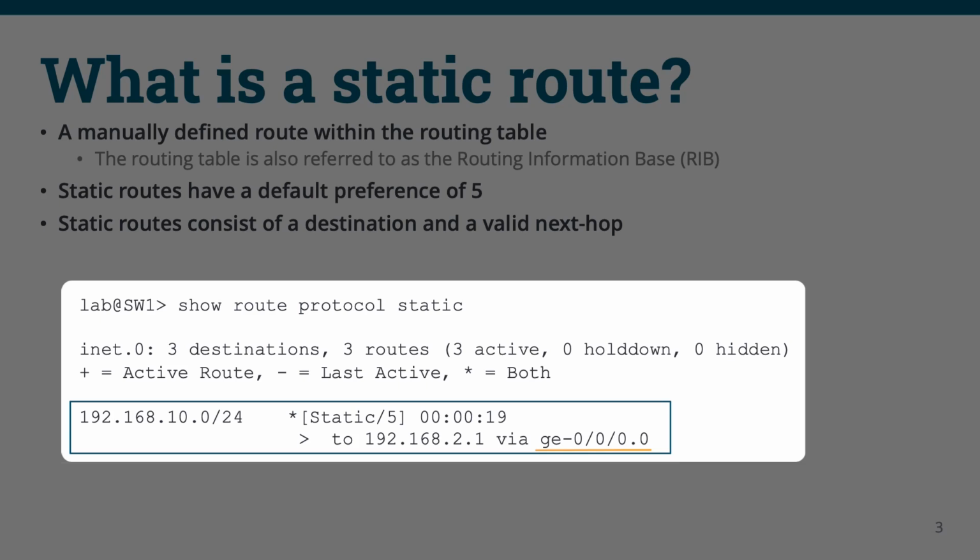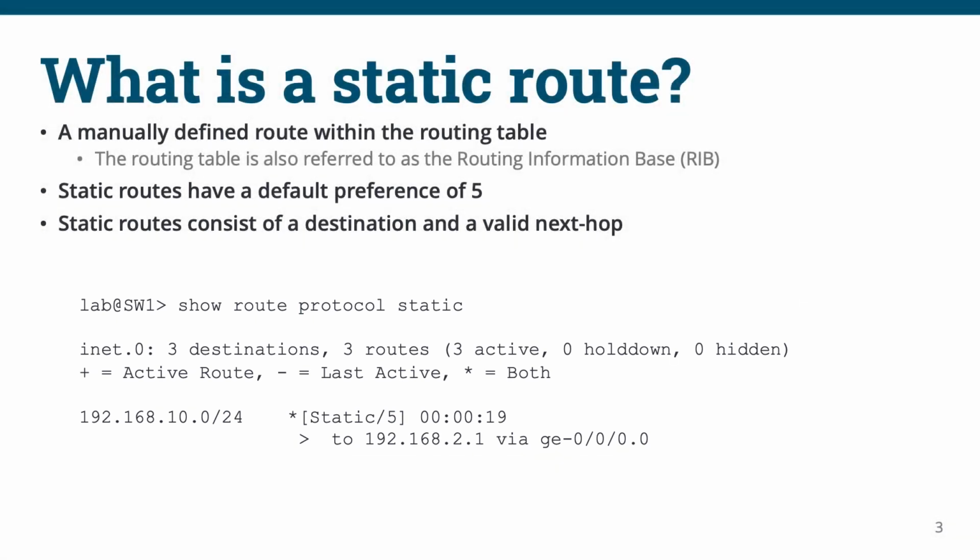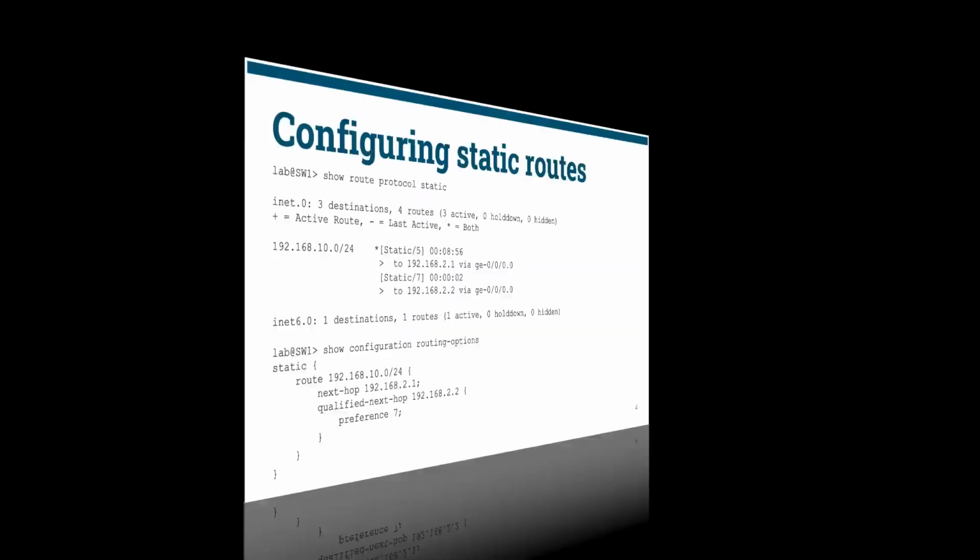The fact that this route is showing in the routing table as active means that the next hop is considered reachable. It's possible to also provide an additional next hop for the router to use in the event that the primary next hop becomes unreachable. This is called a qualified next hop. Let's see how we configure a static route in the next slide.